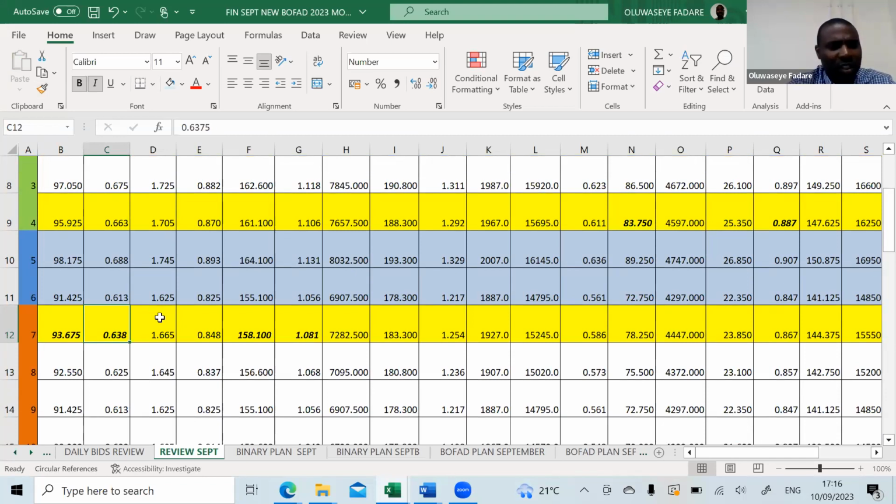It has not activated this, just a little 0.002 to activate. Euro GBP, our high is 0.862 and our low is 0.852. That also has not been activated. Euro JPY, our low is 157 and our high is 159.7. So it's here to activate only the low.